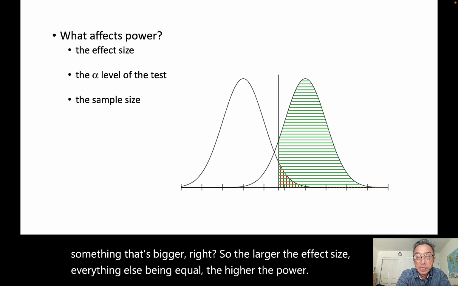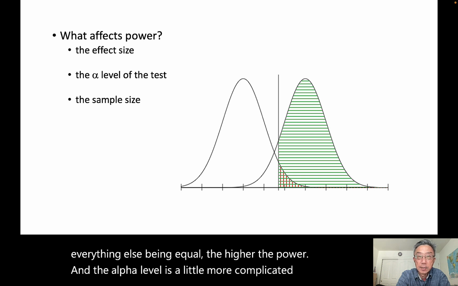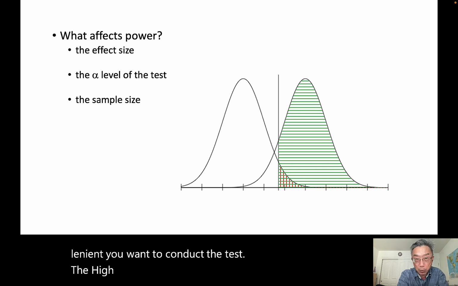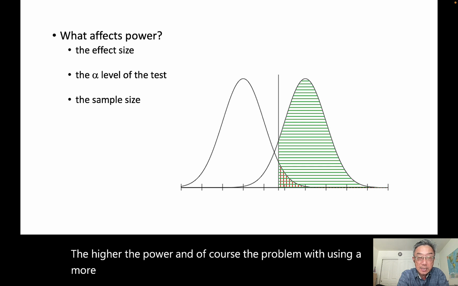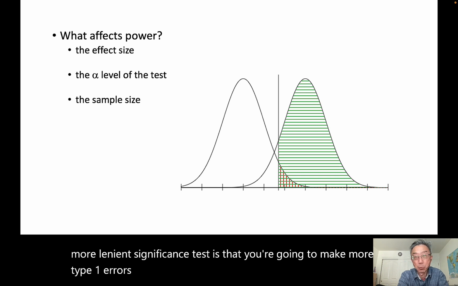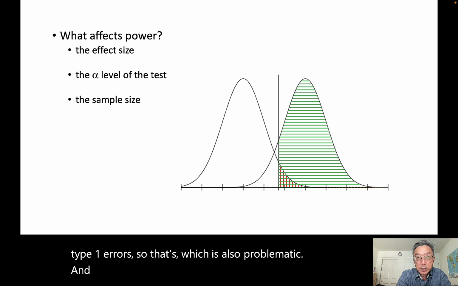And the alpha level is a little more complicated. Basically, the more lenient you want to conduct the test, the higher the power. And of course, the problem with using a more lenient significance test is that you're going to make more type 1 errors. So that's also problematic. And the sample size, that's straightforward.